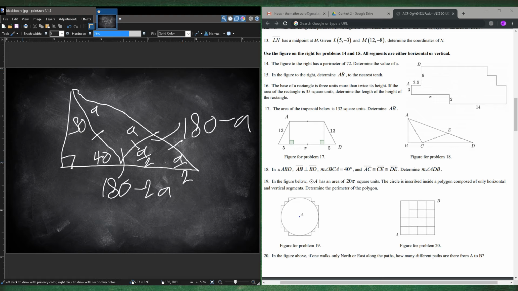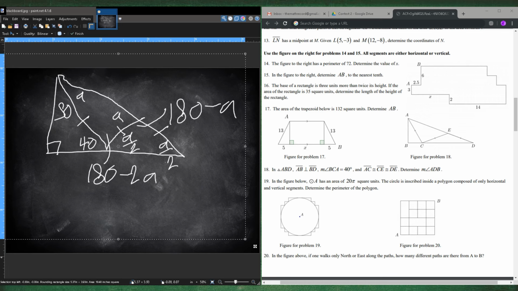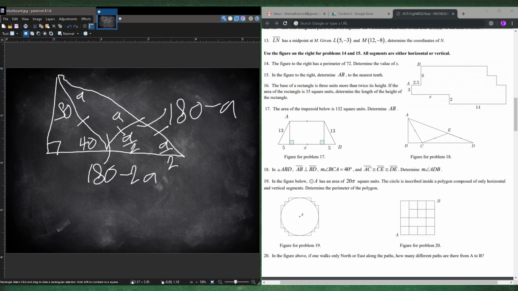So we would just use an equation to solve this now. We know the sum of a triangle is 180 degrees, and we already know that this is 90. So the other two angles have to add up to 90 degrees.